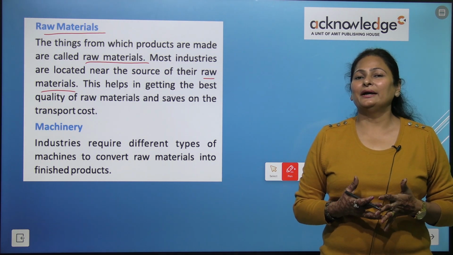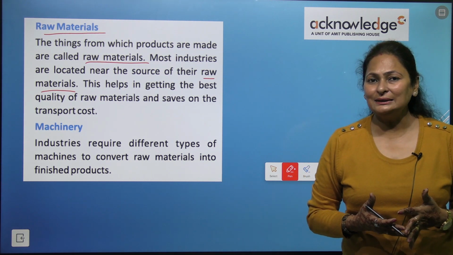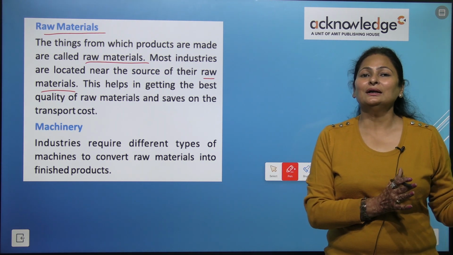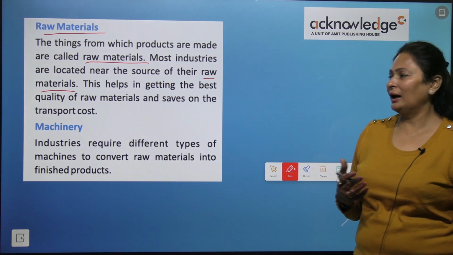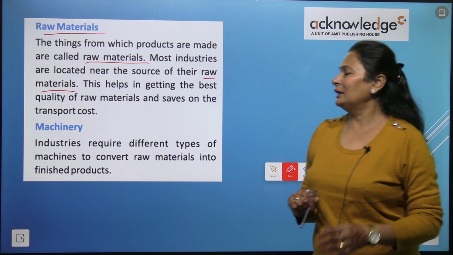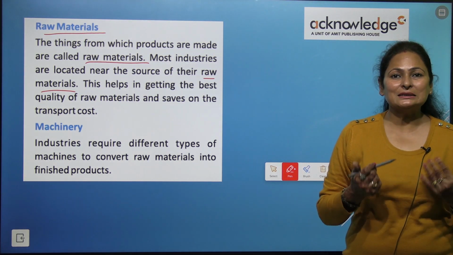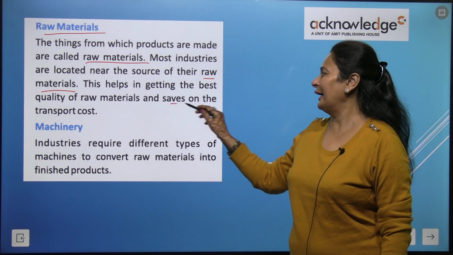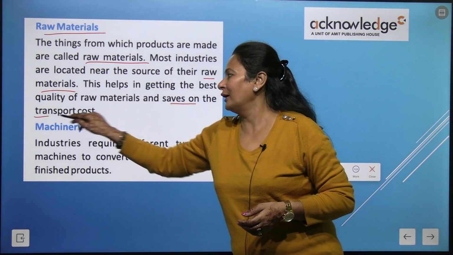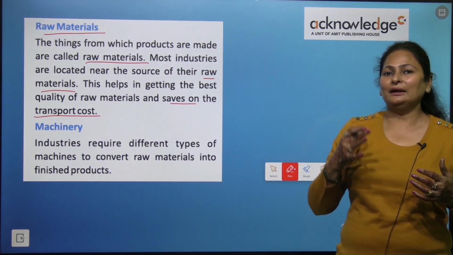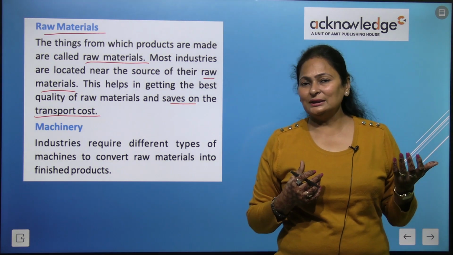So that is why industries are set up near the raw material places, where the raw material is easily available. This helps in getting the best quality of raw material and saves on transportation costs, because raw materials are brought to the industries, right?